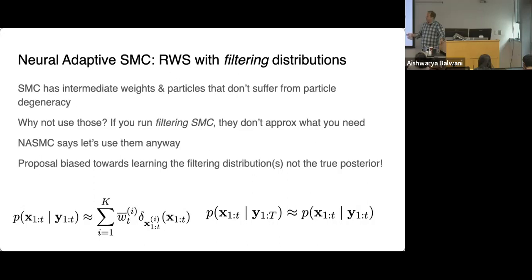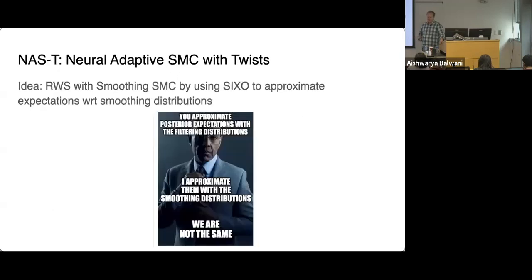It turns out the previous methods, for example, neural adaptive SMC, use these filtering distributions when learning the proposals, but it biases them in a way. And my student told me I needed to include this meme that he created. Apparently, Gus Fring has a lot to say about smoothing and filtering distributions.